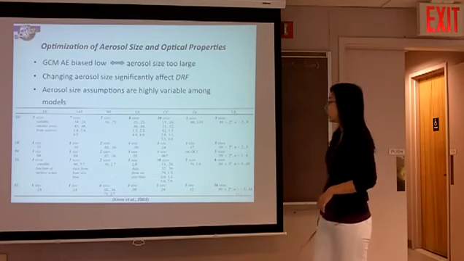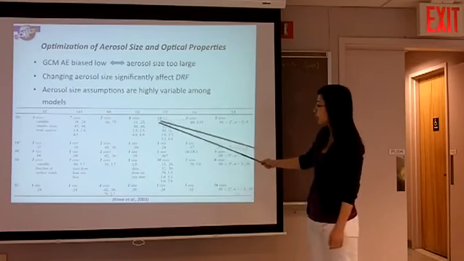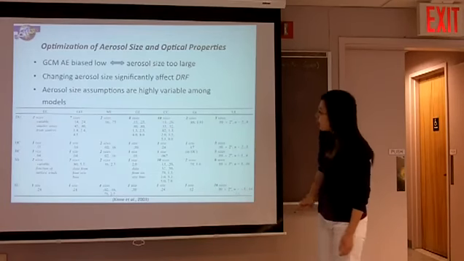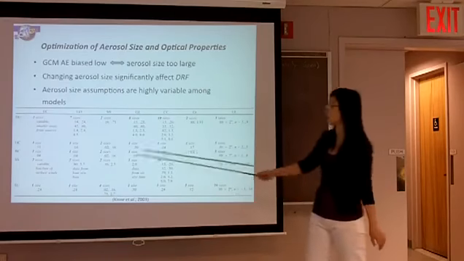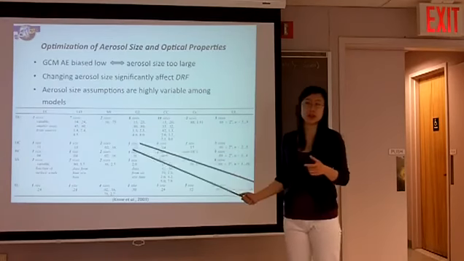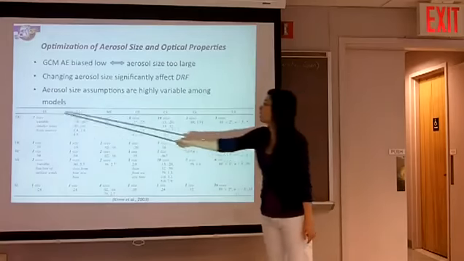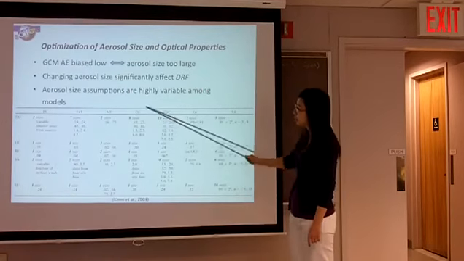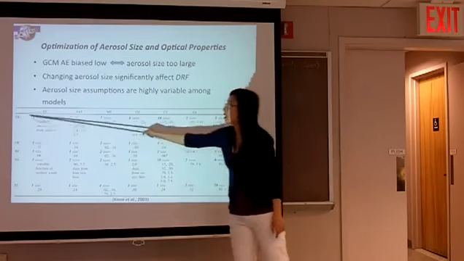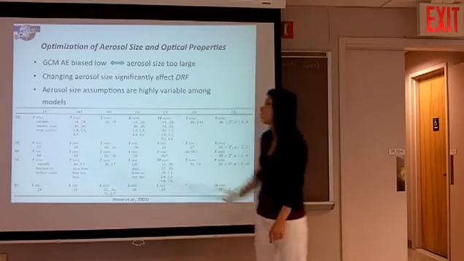Then this table here shows how the sizes are specified in different models. This is from the AERONET project, and these are the different models. This one is the GISS model, and this is the aerosol species.